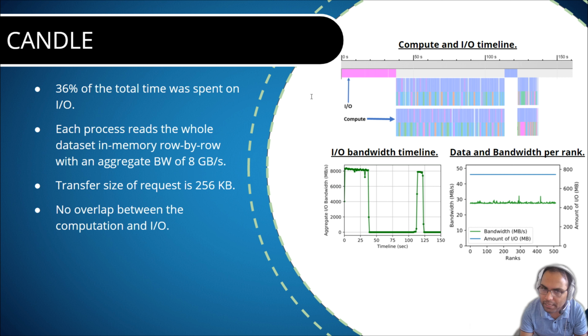In the Candle application, we see that the data is read from a CSV dataset, and the application spends about 36% of the overall time in performing I/O. Each process reads the whole dataset row by row with an aggregate bandwidth of 8 gigabytes per second and then runs the training over 60 epochs with the data in memory.